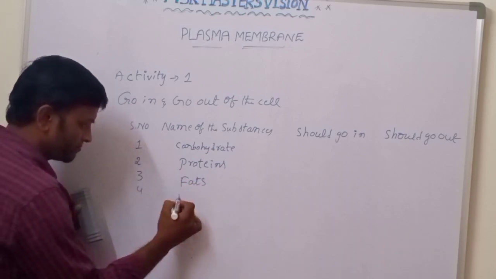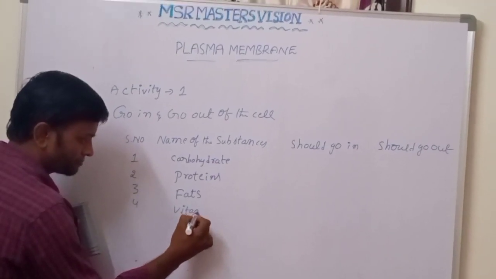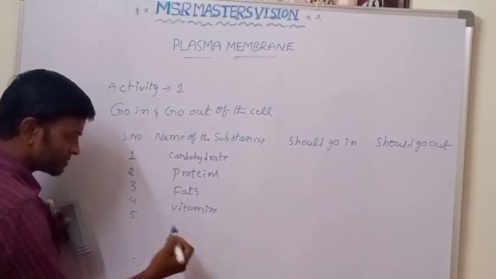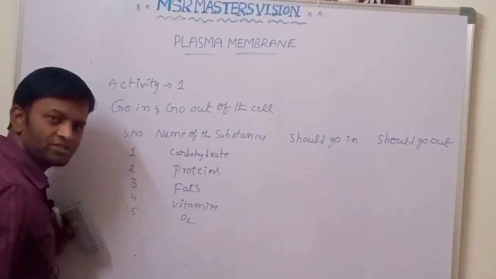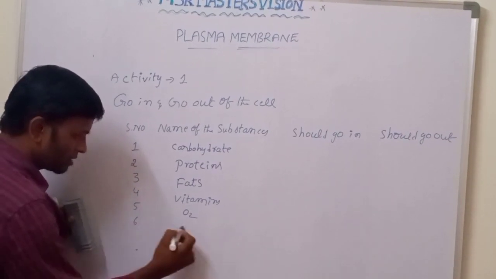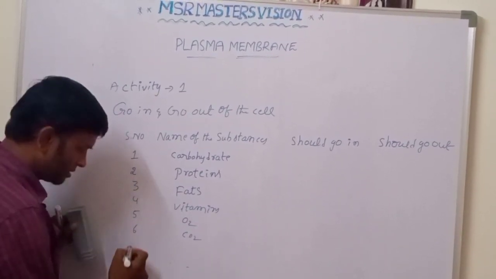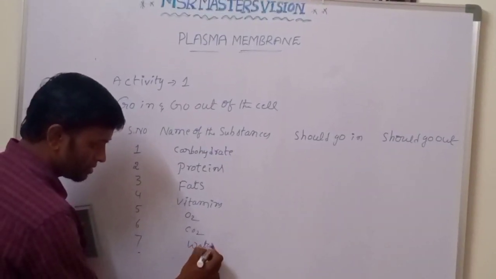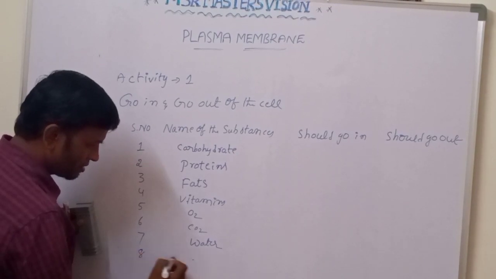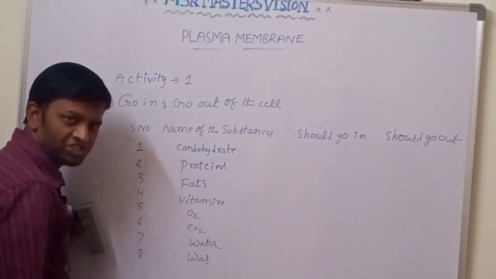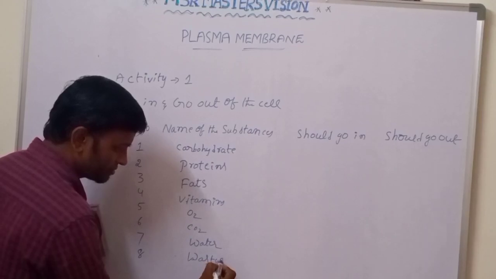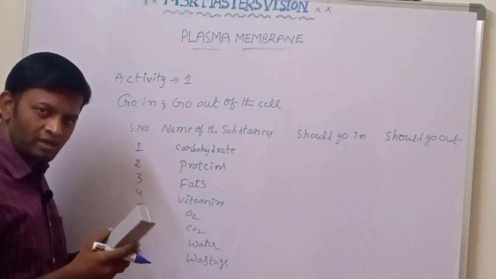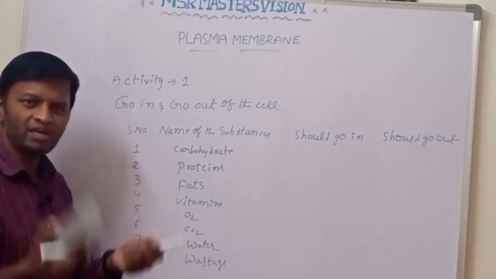After vitamins, we'll take other substances like oxygen, then carbon dioxide. One more substance is water. After water, we'll take another substance, that is wastage also. So these are the substances which enter inside the cell and which go outside the cell.